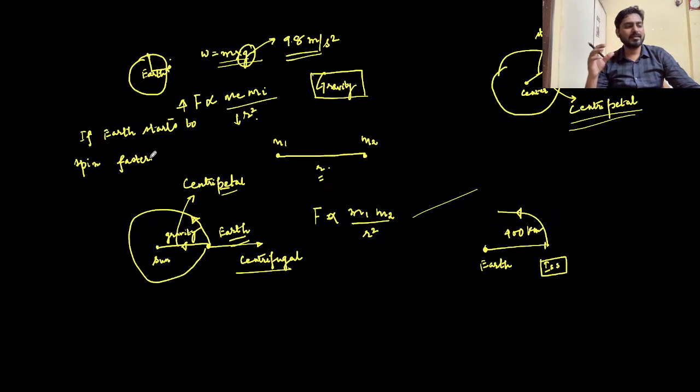Weight is mass into g, that is acceleration due to gravity. What if earth, instead of spinning in 24 hours, starts to spin faster and faster in less time? If it starts to spin on its axis in, let us say, just 1 hour, will we experience the same weight?